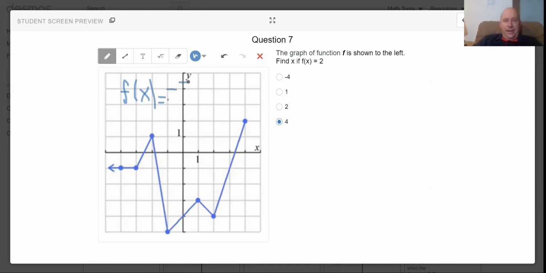So -5 is not in parentheses, so that means it's the y value. -1, -2, -3, -4, -5. So down here, I would then read across to the graph, which is here, and then I would read up until I get to the x-axis, and then I would look at what this number is here. So my value that makes the answer -5 would be -1.